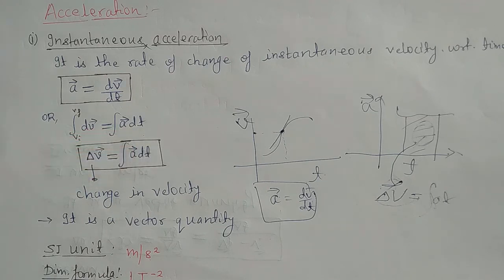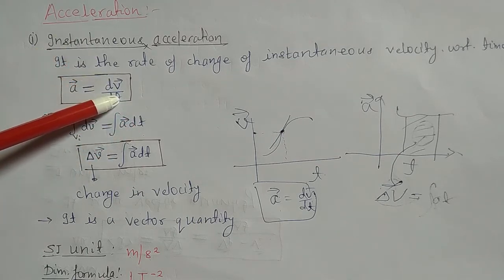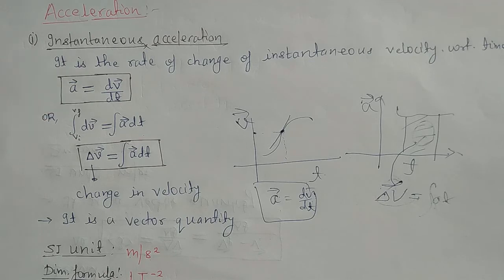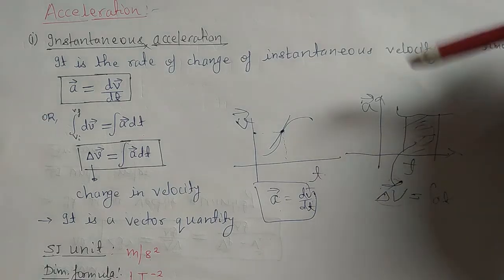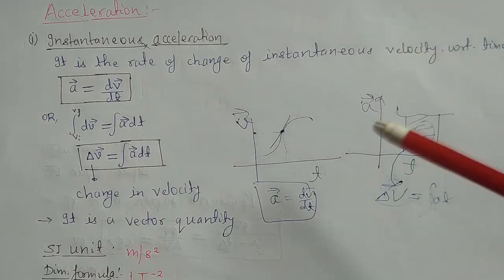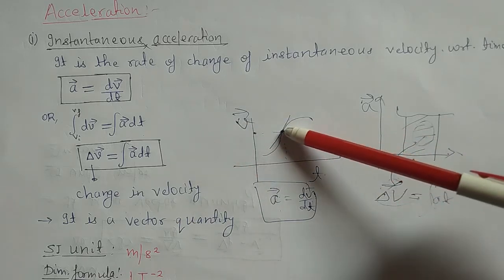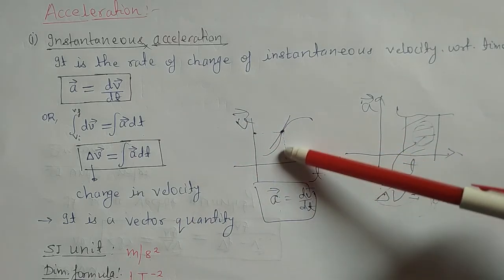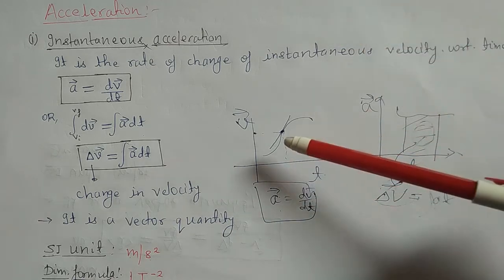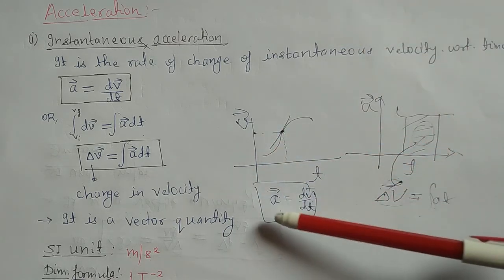Now you can very easily understand that if I have the velocity time graph, then at any particular point, that means at any particular time, the slope of the graph gives us the acceleration.